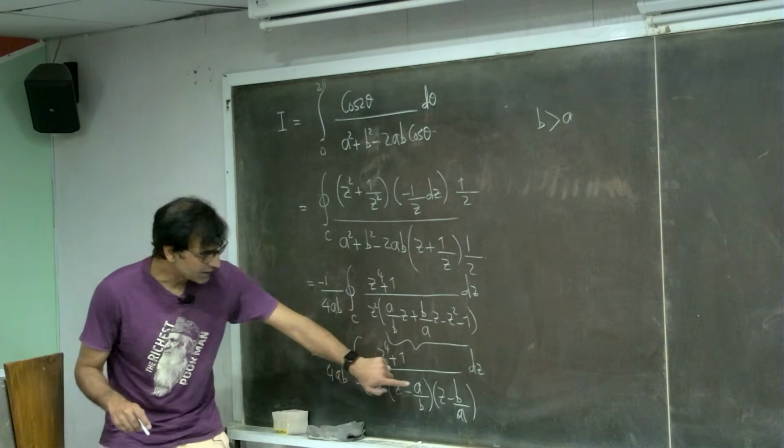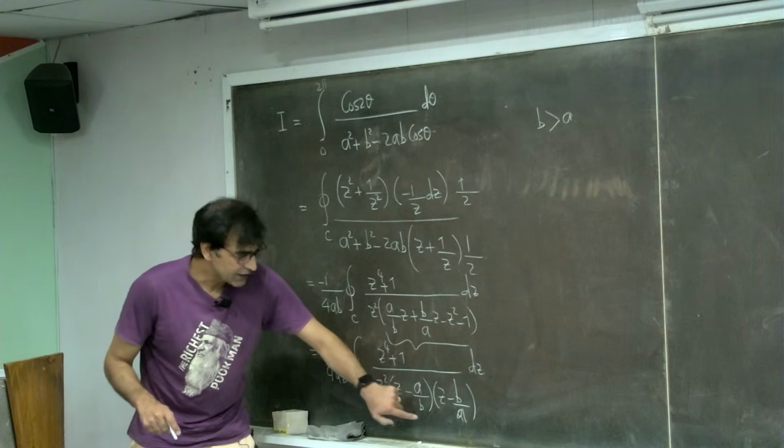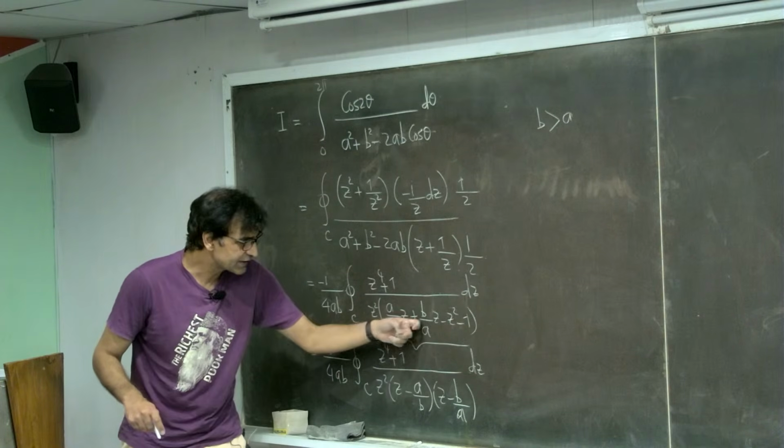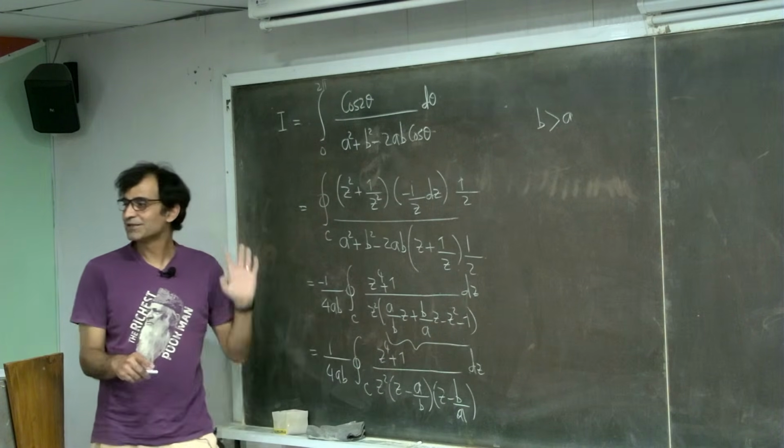Now you multiply them: z squared, minus and minus becomes plus 1, and then you have minus b over a z minus a over b z. It's perfect.